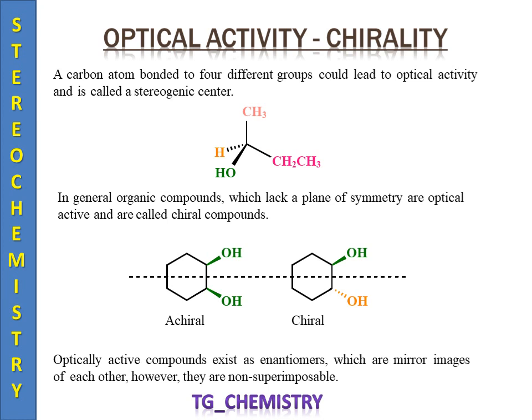In general organic compounds, any lack of plane of symmetry leads to optical activity, and the compounds are known as chiral compounds. Here two examples are there: cis 1,2 dihydroxycyclohexane and trans 1,2 dihydroxycyclohexane.